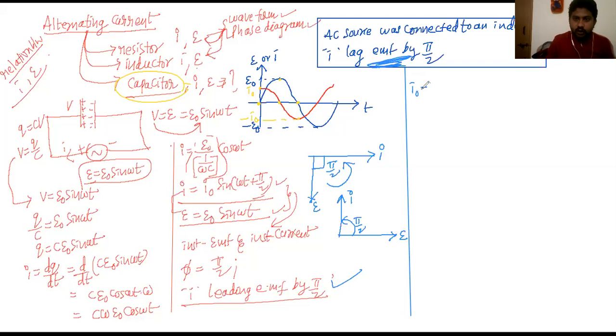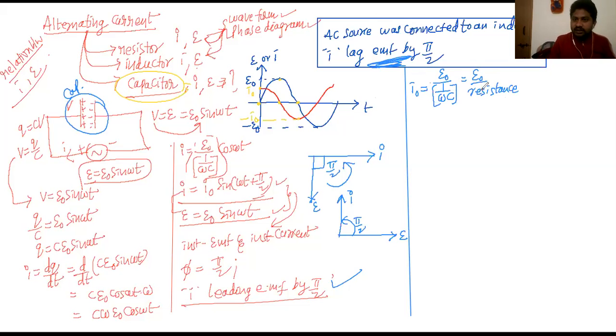This is I naught, which is equal to epsilon naught by 1 by omega C. Okay. So it is epsilon naught by resistance. Yes or no? Because current is equal to EMF by resistance. But in this circuit, resistance is not due to the resistor. Resistance is due to this capacitor.